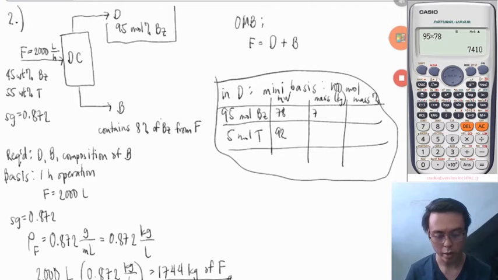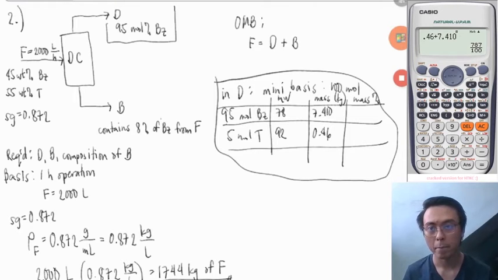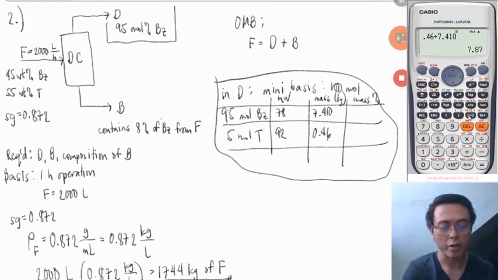For toluene, that is 5 times 92, 460, 0.46 kilograms. The total is 7.87.